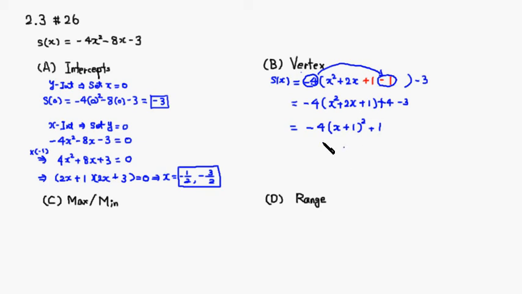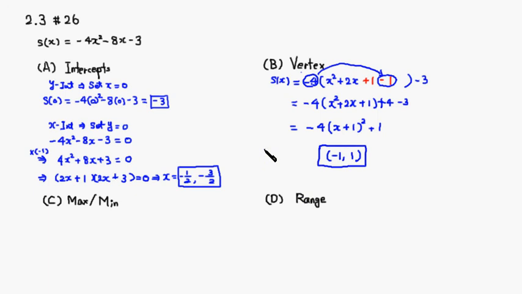The vertex has plus 1 inside, which means that the x-coordinate of the vertex is negative 1, because this will shift to the left by 1 unit. You have to negate this number to get the x-coordinate, and you can use the outside number straight. It's going to be 1. So this is the vertex of this function.